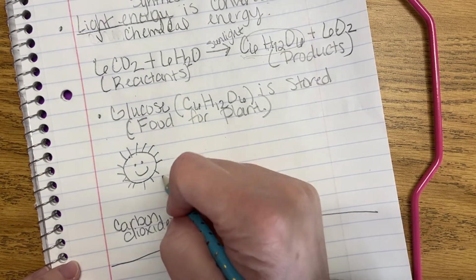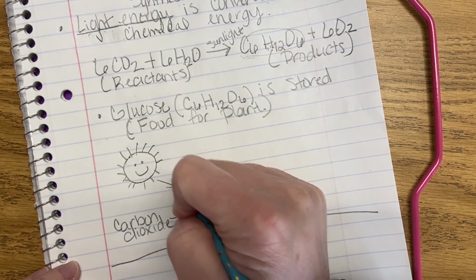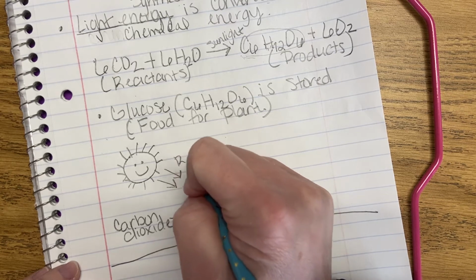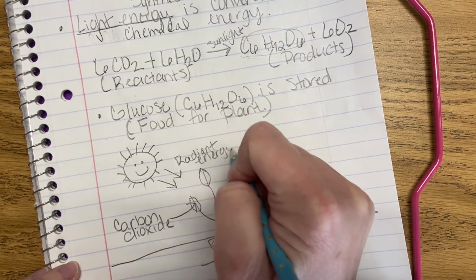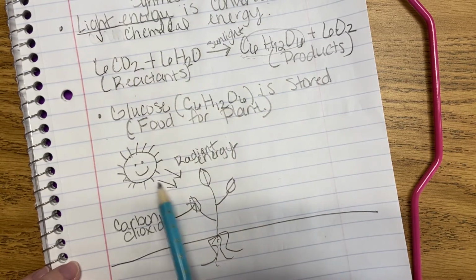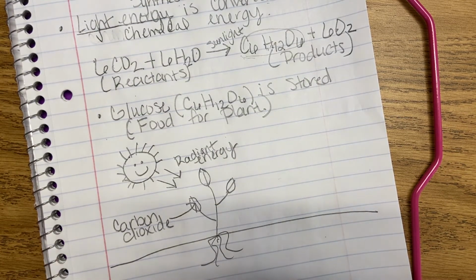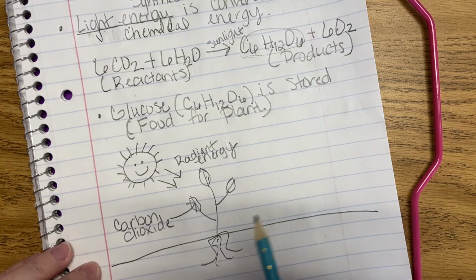Okay, radiant energy from the sun. I'm gonna write radiant energy here. Okay, so radiant energy is taken in by the chlorophyll inside the leaves, so it enters the leaves through the stomata, and then you have water.